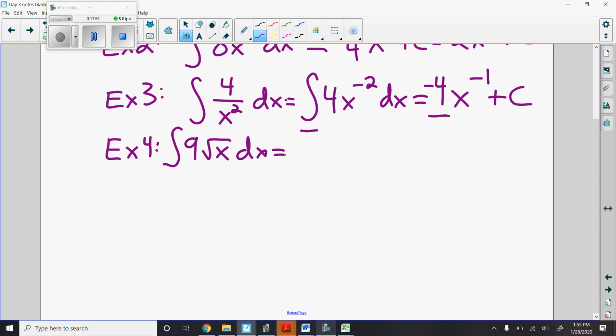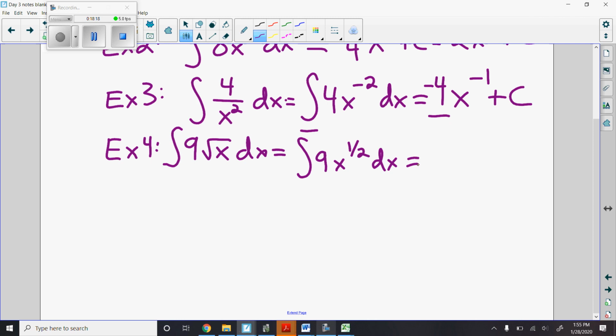But remember, when I rewrite it, I'm not doing the antiderivative yet, so I need to keep my big S. And now I just need to bump and divide.